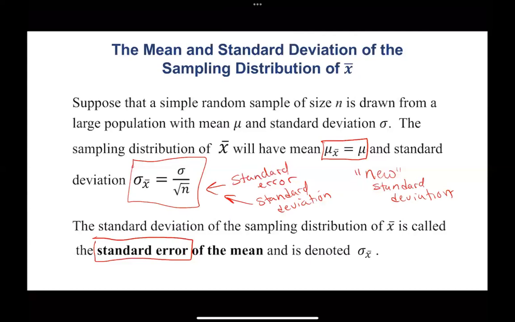Earlier I was just saying, so the square root of n is what you're calling standard error or standard deviation. Now the sigma divided by square root of n is our new sigma or standard deviation. And n is the sample size. That's what the arrows are pointing at.